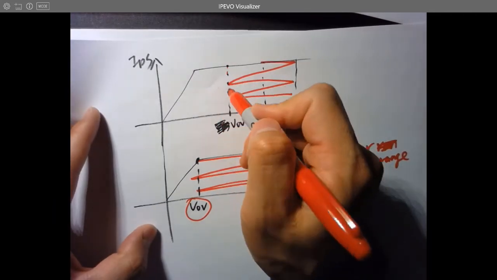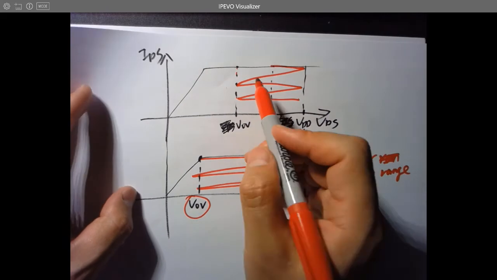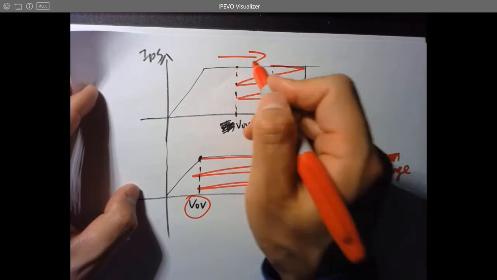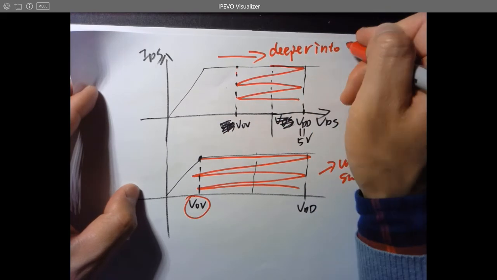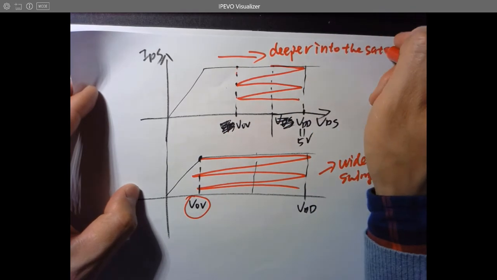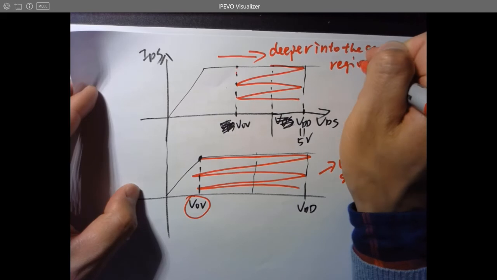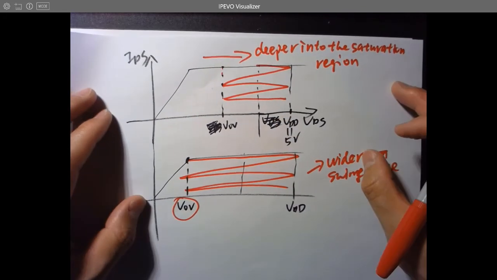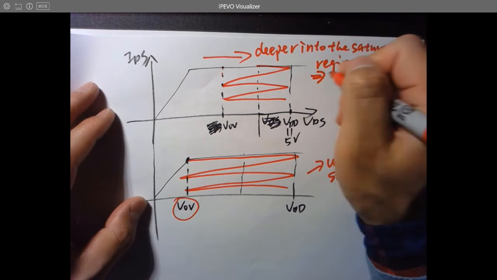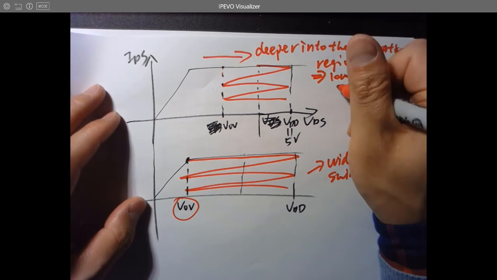Or you can say it's pushing this NMOS deeper into the saturation region, which lowers the swing range.